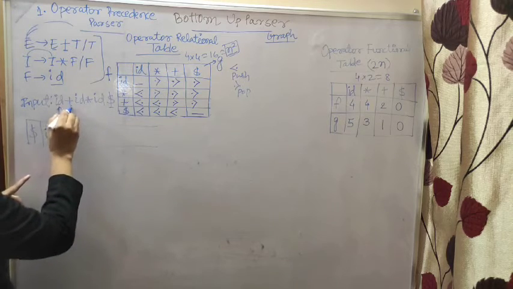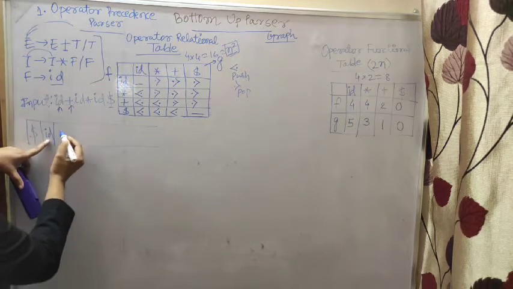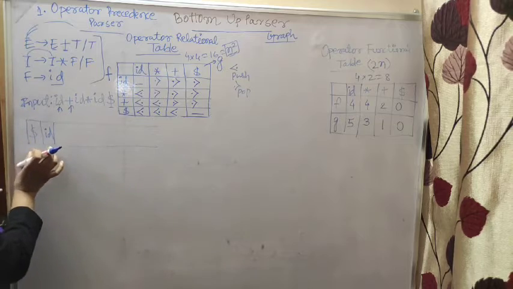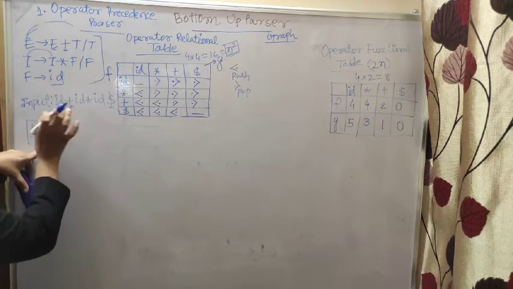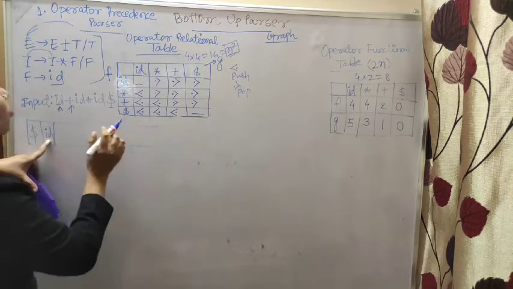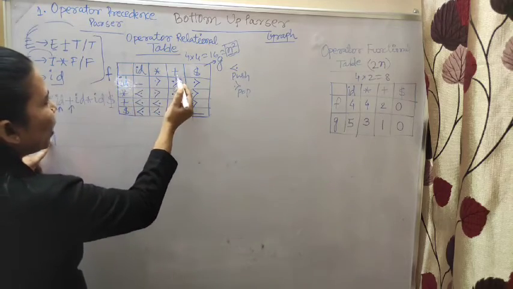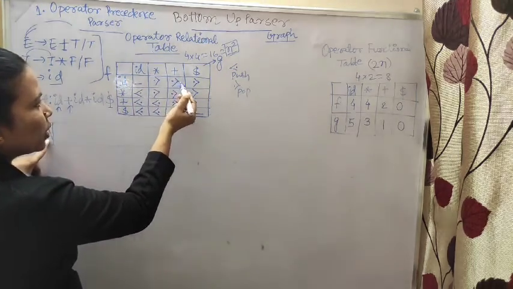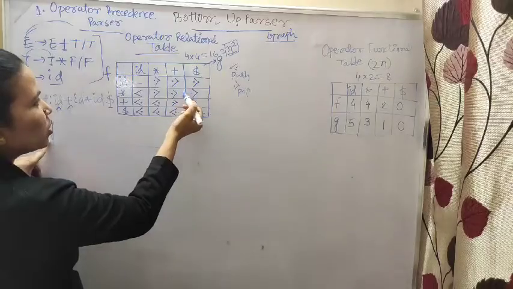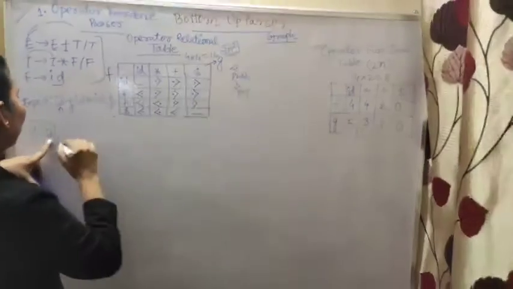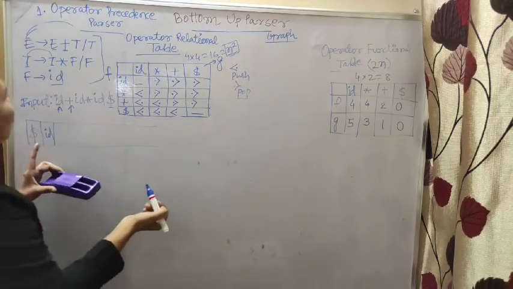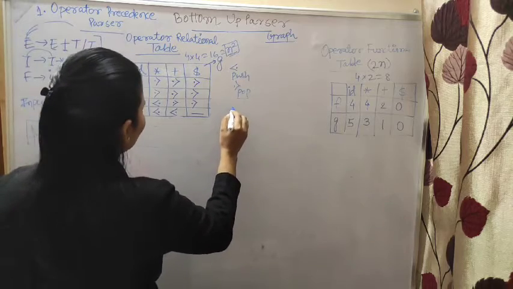Now our pointer is at the plus. We check id and plus, the stack pointer and the input pointer. Greater than is given, which means pop the data, so we pop it. Now we will make a parse tree.